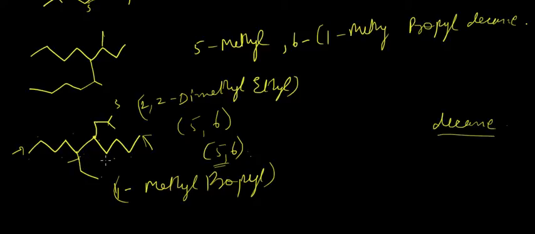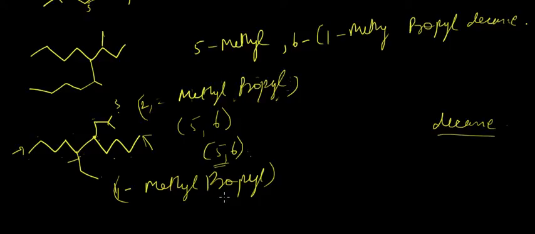No, wait, in this case the maximum chain is only 3 carbons, so it won't be dimethyl. Instead it would be methyl only at the second position, and it would be propyl: 2-methylpropyl, and this one is 1-methylpropyl.